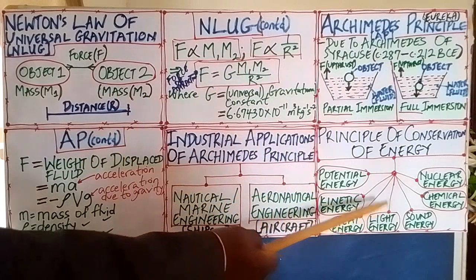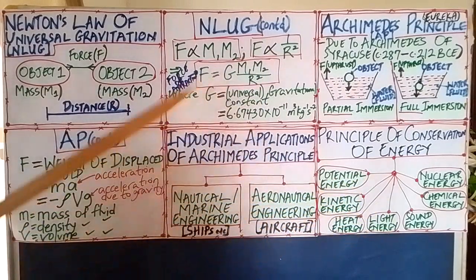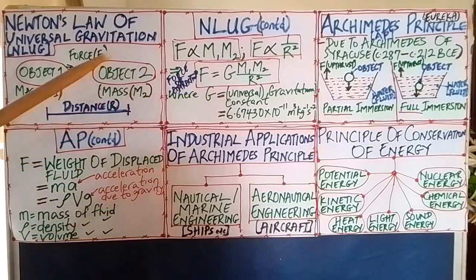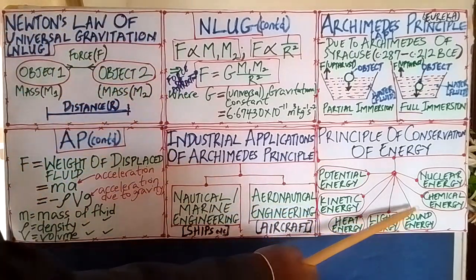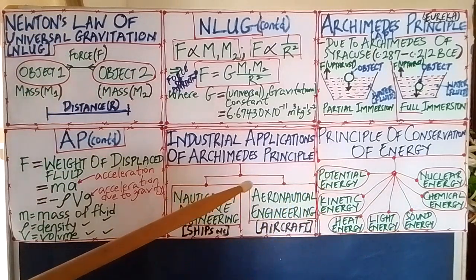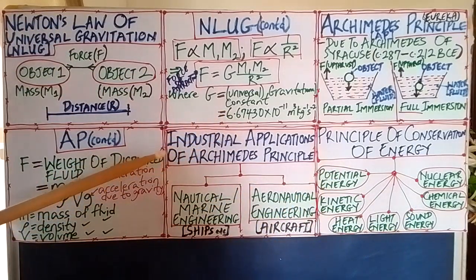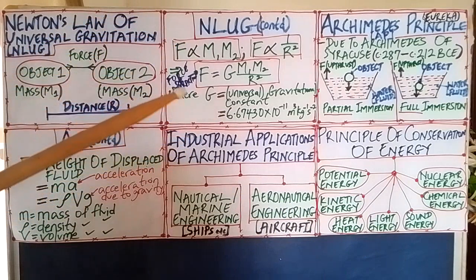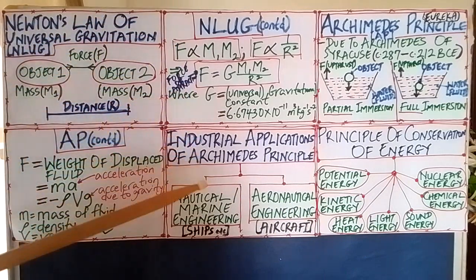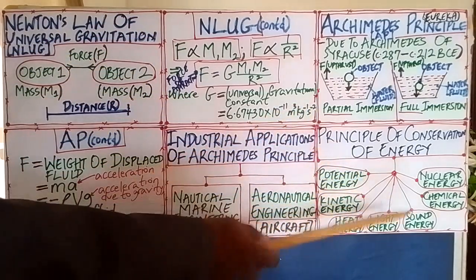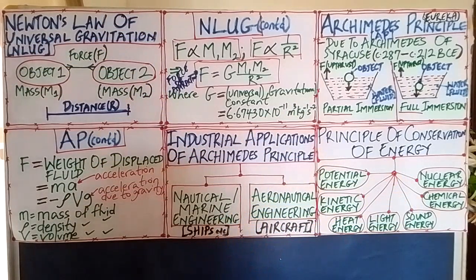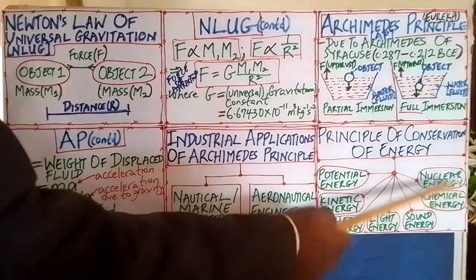And then we can talk about light energy in the sense that the energy that brings illumination to an environment, to a room, and so on and so forth. We can talk about sound energy. Maybe you can talk about the alarm clock, alarm system, so you have one form of energy being converted to sound. So that's why you have the sound energy. Then you can talk about chemical energy.